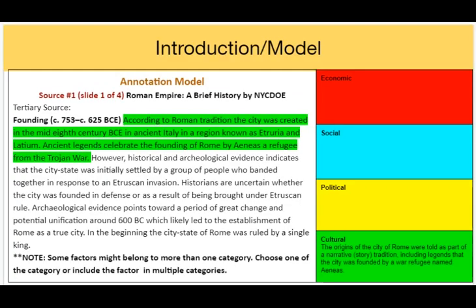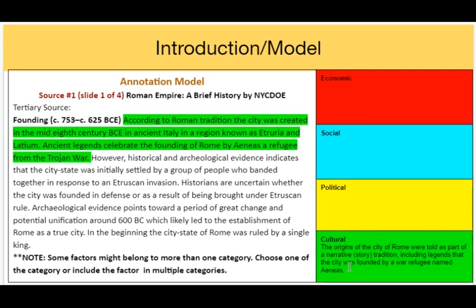Here I go. Okay, right at the top, I found cultural, and I highlighted it green because it was cultural. So according to Roman tradition, the city was created in the mid-8th century before Common Era in Italy, known as Etruria and Latium, and it comes from Aeneas, a refugee from the Trojan War. Now notice, when I wrote it down, I didn't just put in the words of the quote.